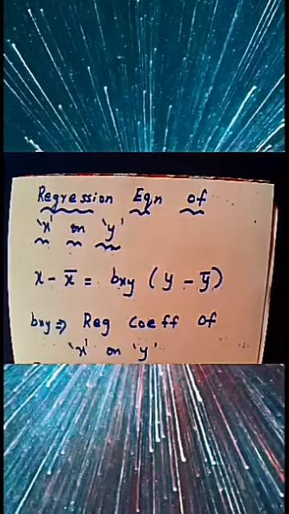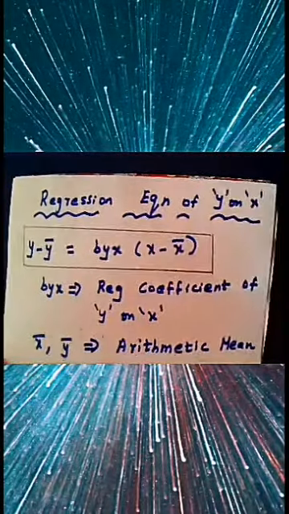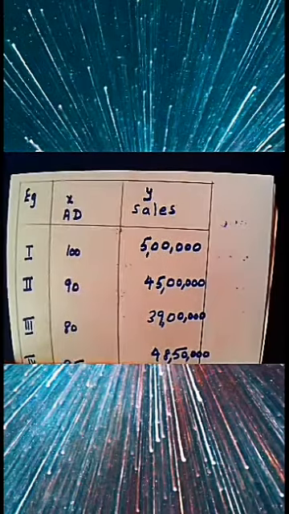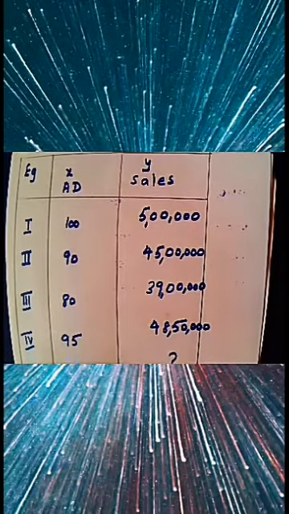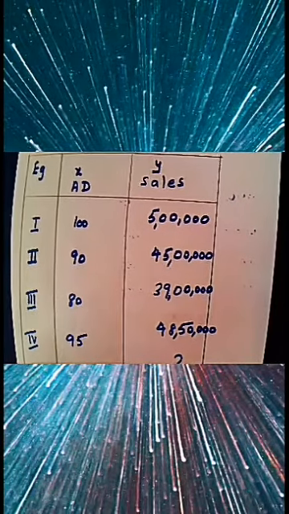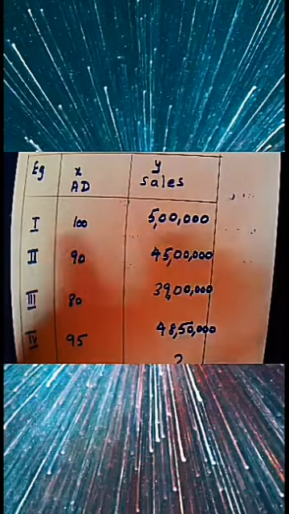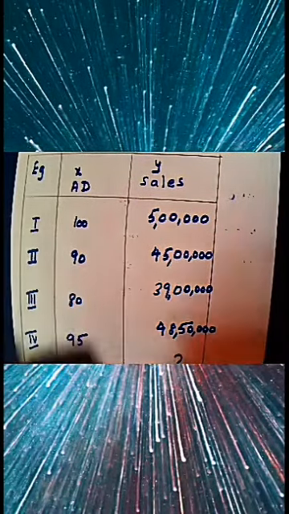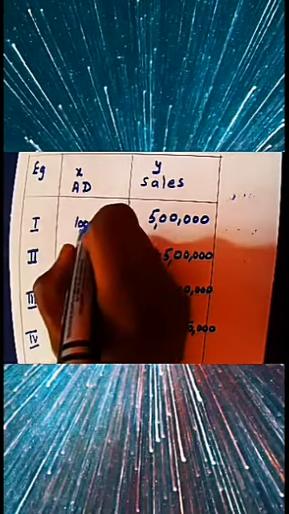Before I get into the regression equations, we will also discuss another example for the regression coefficient. Here, in the first year, the same thing, we are going to invest 10,000.